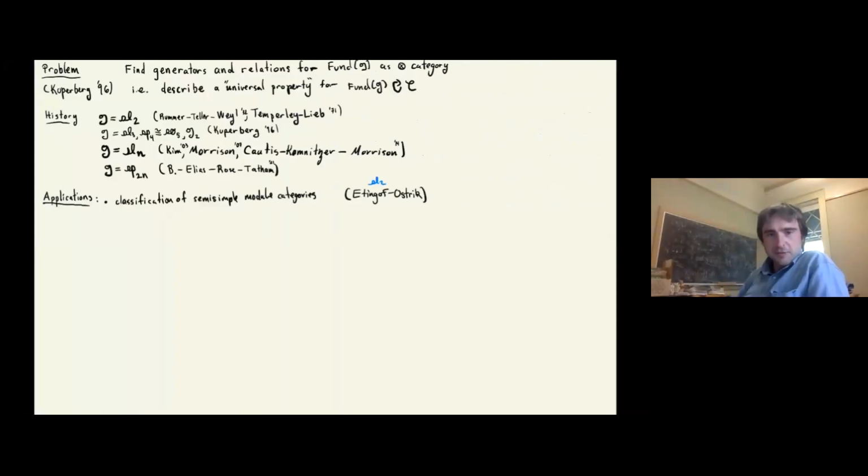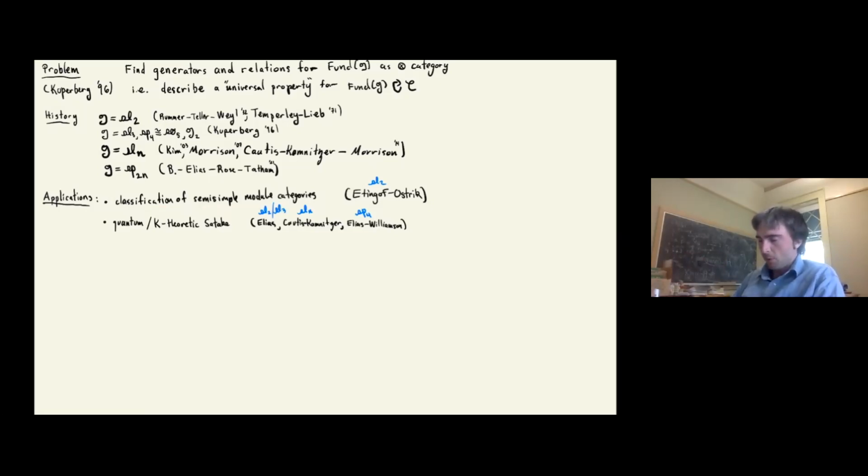And let me just mention a few of the applications of having this universal property. So going quite a ways back, Etingof and Ostrik used this universal property to classify semisimple module categories over Rep of G, but just for the case of SL2. There's this work that Ben was talking about on Friday, the quantum K-theoretic geometric Satake.